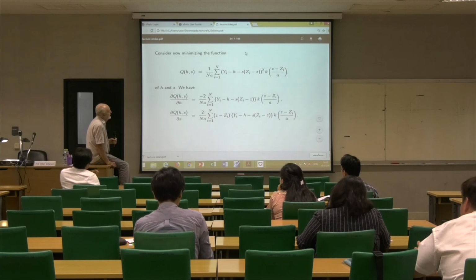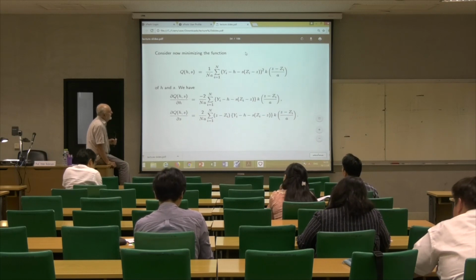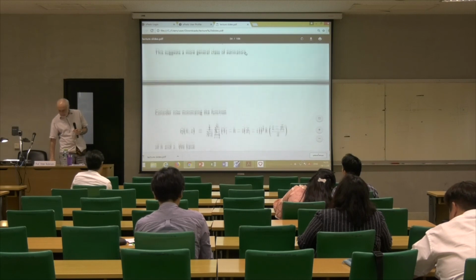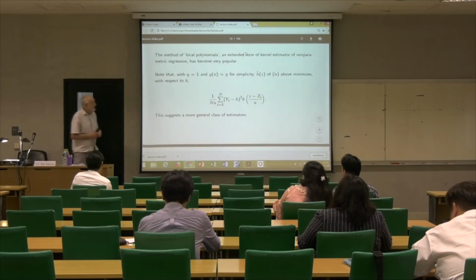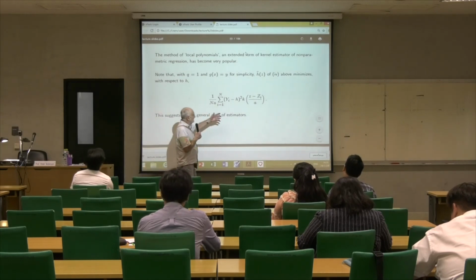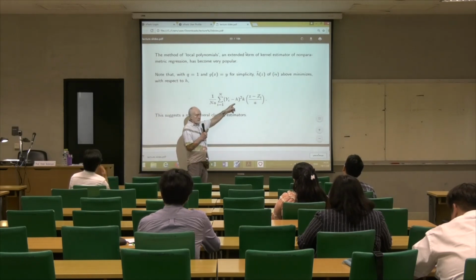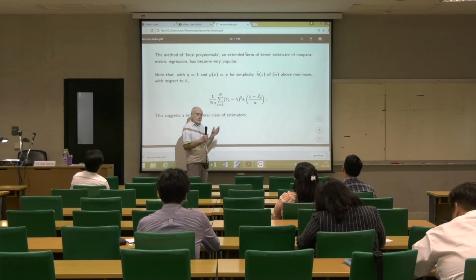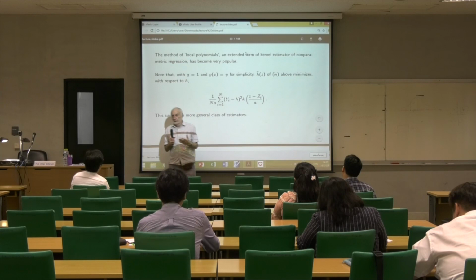So with the first definition, you're saying this is based on the notion that the regression function is approximately constant around the point Z. To be a bit more general, you could say it needn't necessarily be approximately constant.